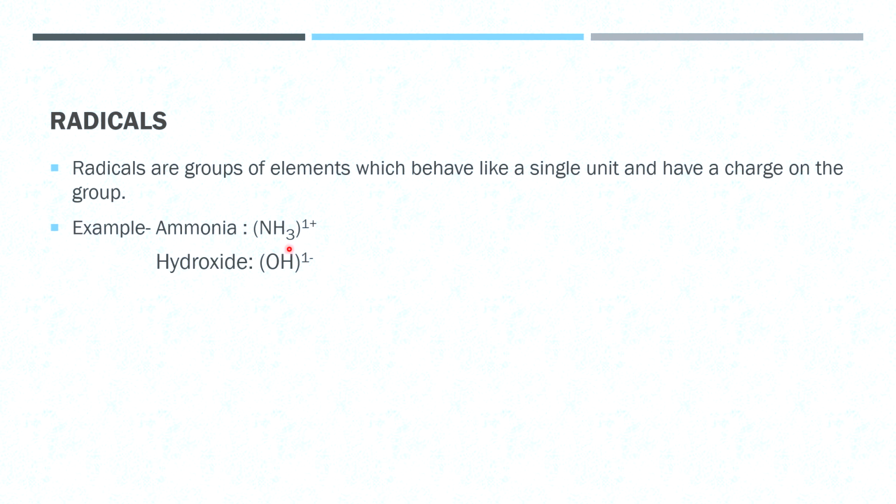For example, you can take ammonium, which you can represent as NH4 1 plus. Then we have hydroxide, OH 1 minus. Ammonia is made of two elements, nitrogen and hydrogen, and hydroxide is made of two elements, oxygen and hydrogen.